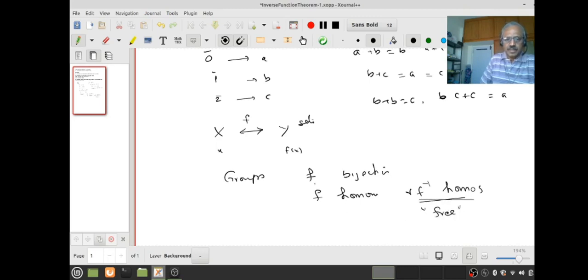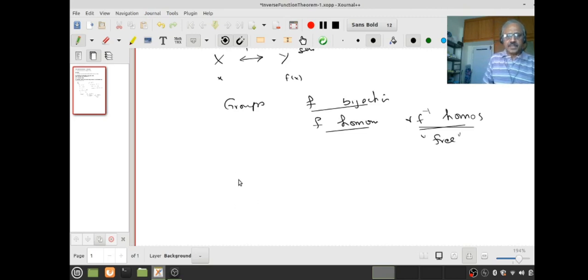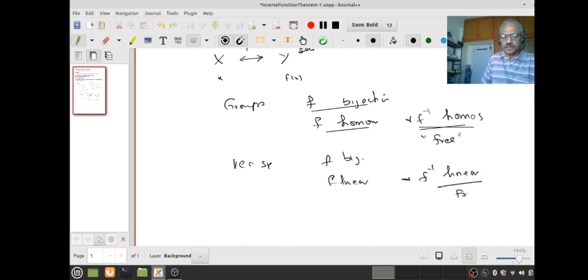The moment f is a bijection and a group homomorphism from X to Y, f inverse is automatically a group homomorphism. Similarly, suppose X and Y are vector spaces, you have a similar thing. f is a bijection, then what I need is that f is a linear map, and I also want f inverse to be linear, but again this is free. Once it's a linear bijection, then f inverse from Y to X will be automatically linear.